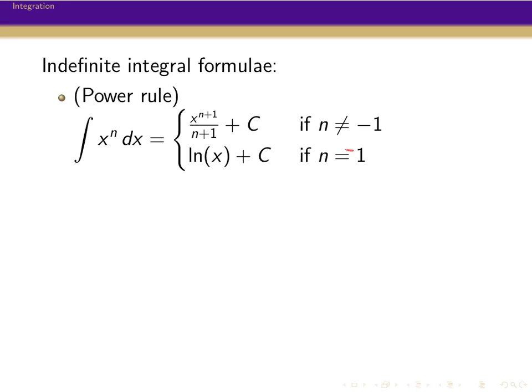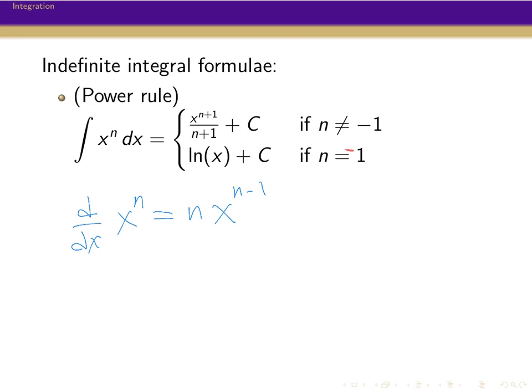So if n is not minus 1, then this is like undoing the power rule. Remember, when we had the derivative of x to the n, this gives us n times x to the n minus 1.